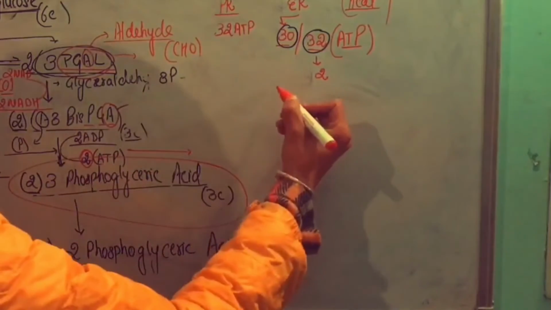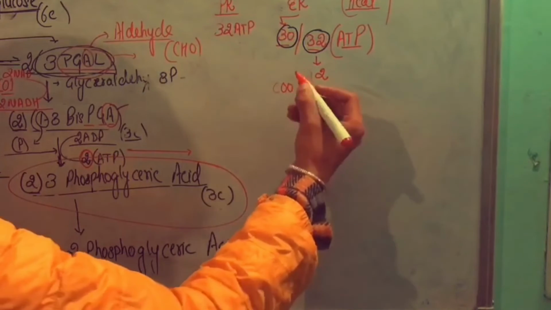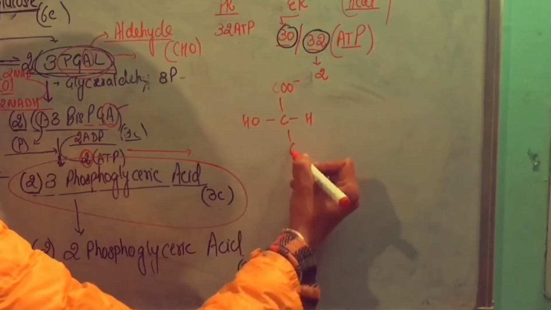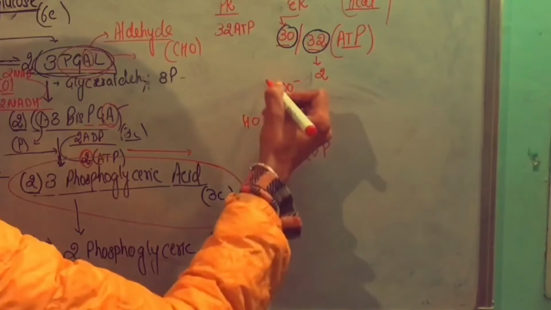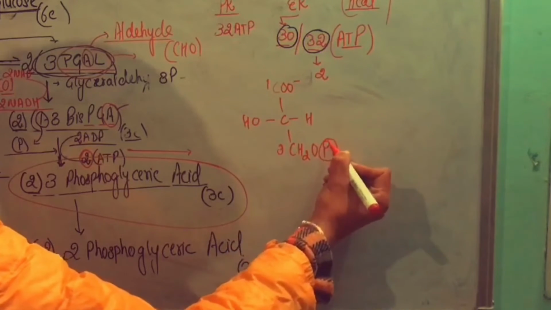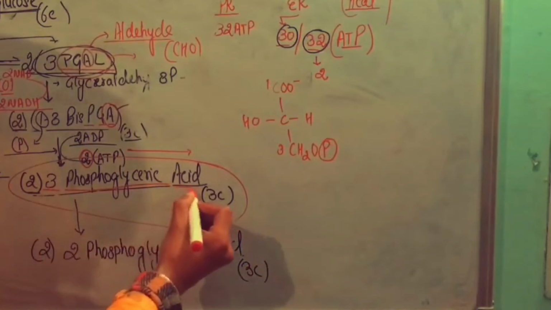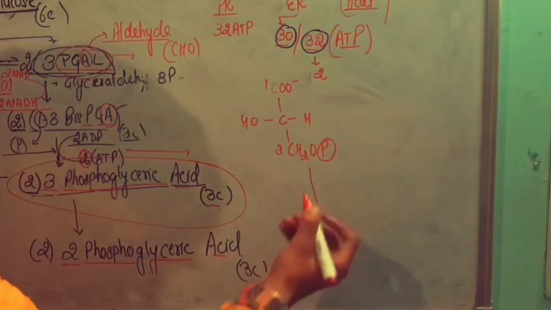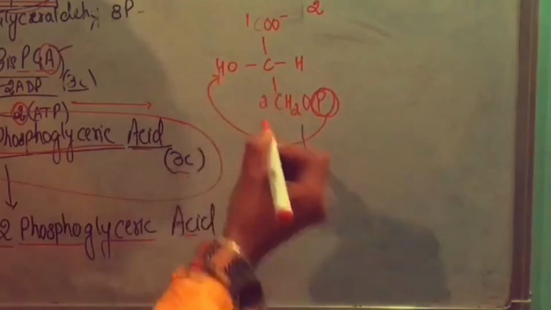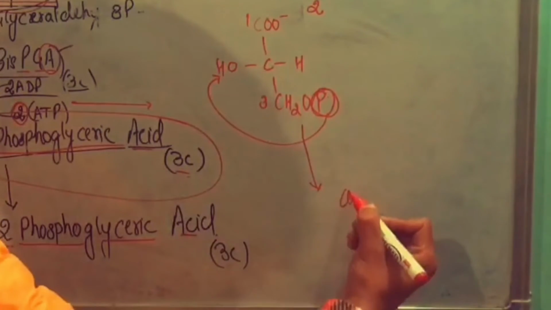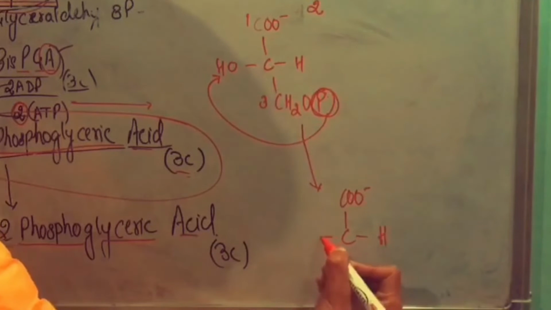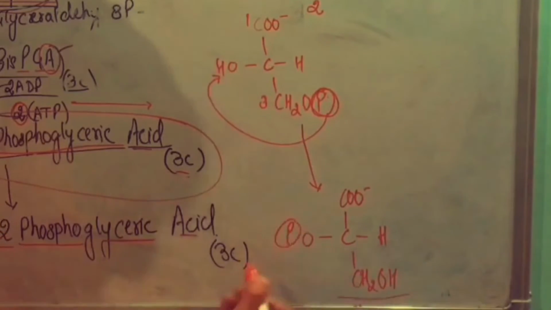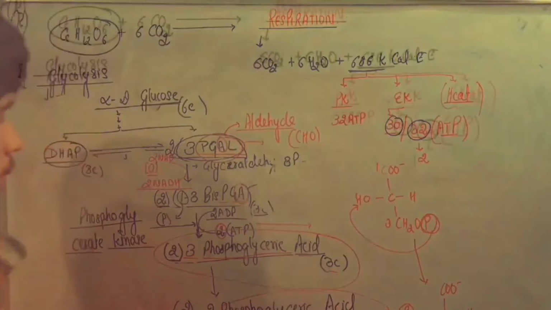Structure of this 3-phosphoglyceric acid is COO negative, CHOH, CH2OP. In the third carbon, there is a phosphate group. It is converted into 2-phosphoglyceric acid. This phosphate from the third carbon moved to the second carbon, and the structure is COO negative, CHOP, CH2OH. This is 2-phosphoglyceric acid, 3 carbon.